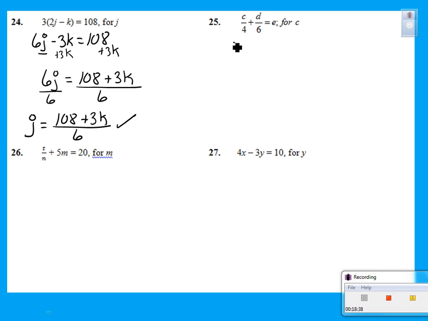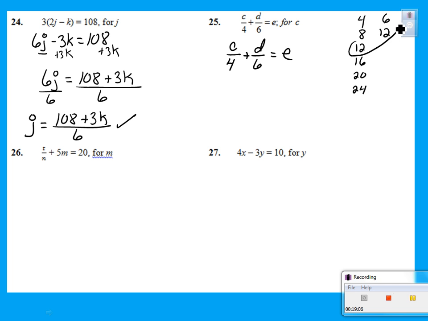Here's your number 25. I've got c divided by 4 plus d divided by 6 equal e. Well, there are those dang fractions again. So I need to find the least common multiple of 4 and 6. If you have to, start counting by 4s: 4, 8, 12, 16, 20, 24. Then count by 6: 6, 12.